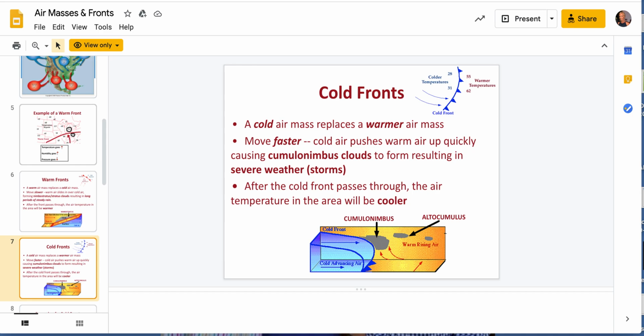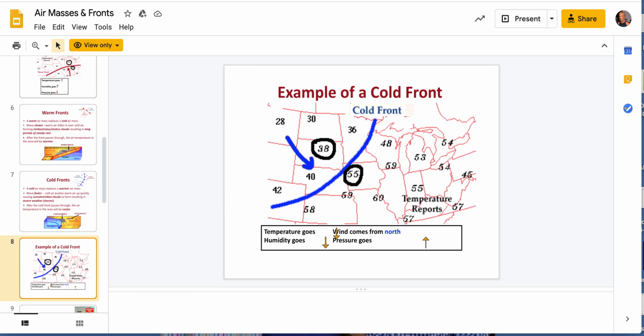So that's when you're going to have stormy weather, not necessarily just drizzling. This is going to be your stormy stuff. After the cold front passes, the air will be cooler. Okay, so here's an example of a cold front on a map. Temperature is going to go down, humidity is going to go down, and the wind is going to go up.